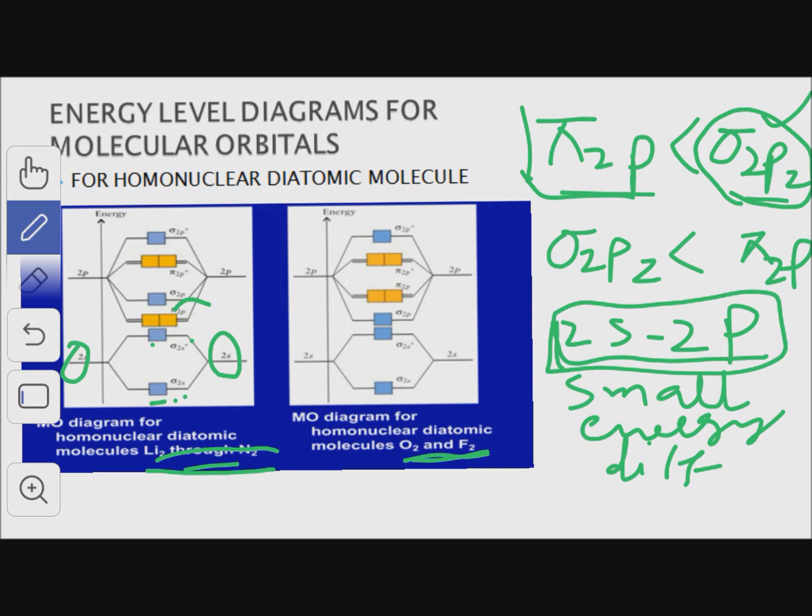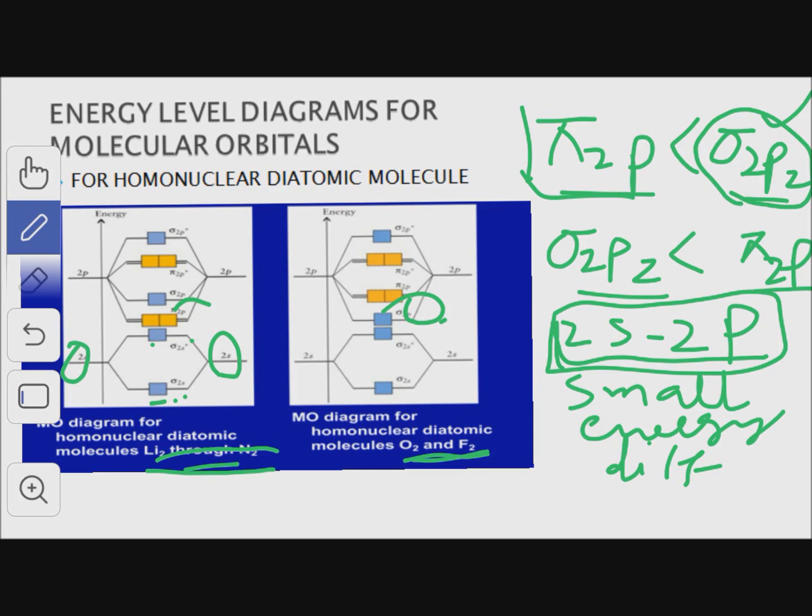Due to the large energy difference, attractive forces dominate over the repulsive forces, and hence sigma 2pz has lower energy than the pi 2p orbital, and it lies below the pi 2p orbital. This is the reason for the energy level diagrams for homonuclear diatomic molecules.